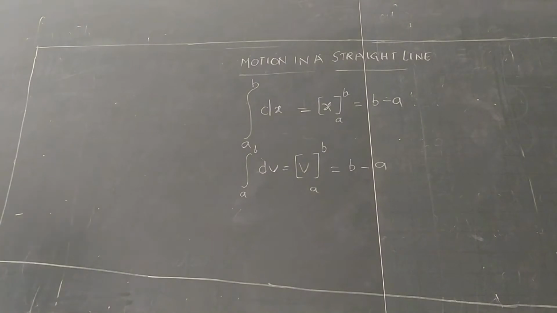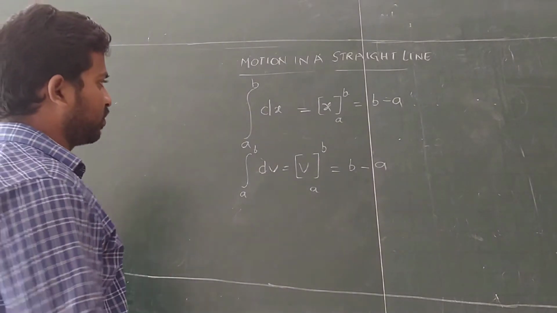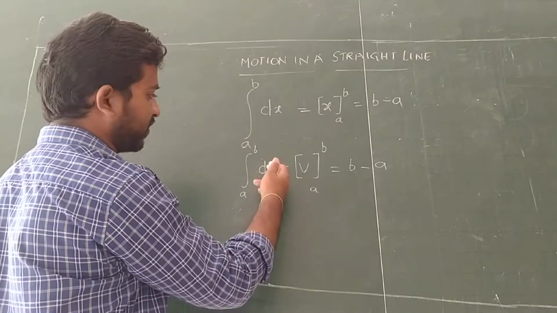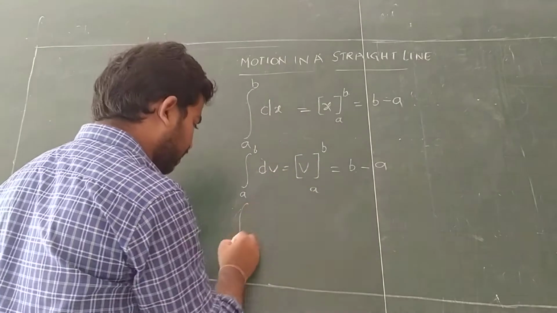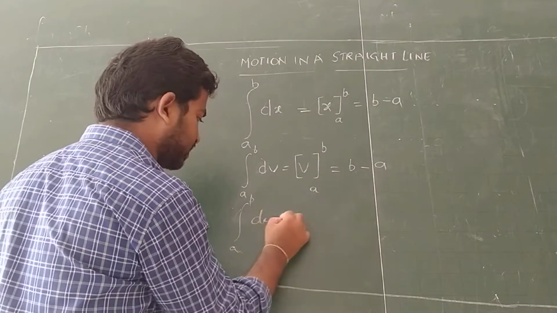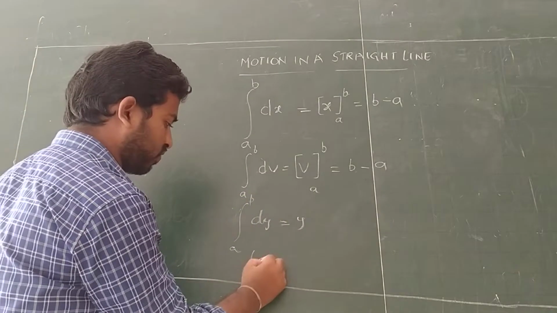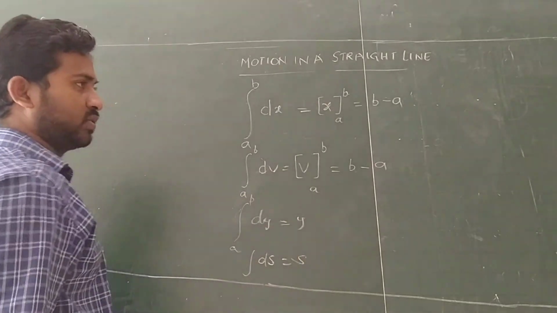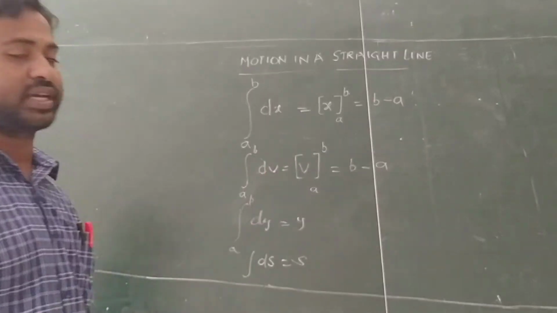That is one formula. Or you can take anything: integration of dx is x, integration of dv is v, integration of dy is y, integration of ds is s. Why? Because derivation and integration always cancel each other.